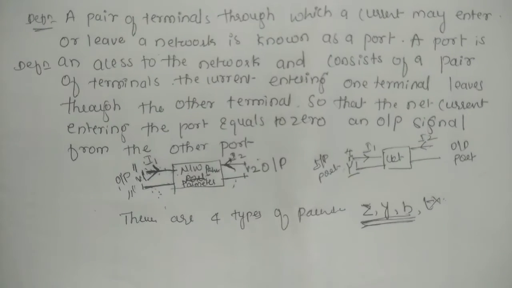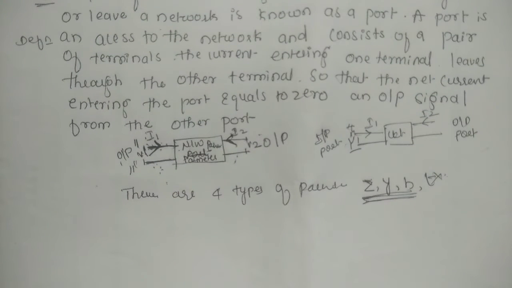First we are going to study about the Z parameter, right? The Z parameter and the Y parameter are very easy to identify, and the H parameter is a hybrid parameter. Okay. Shall we start that one?